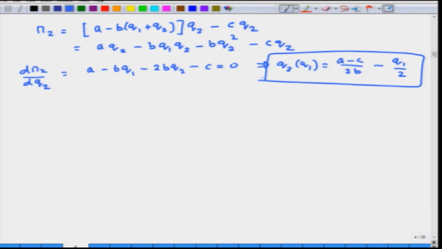This is firm 2's best response function, right.